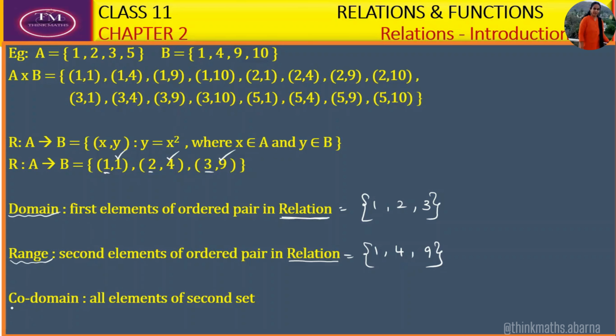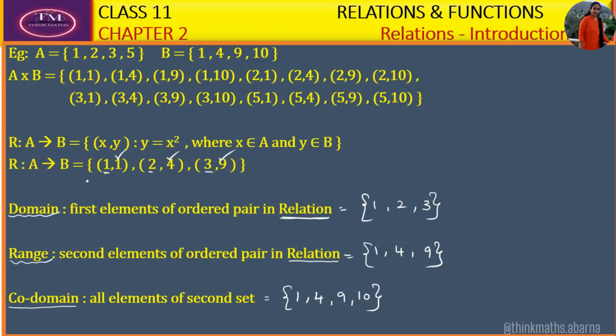What do you mean by codomain? Codomain is nothing but all elements of the second set. What is the second set? Second set is B. So it is 1, 4, 9, 10. So set B is the codomain. These are called domain, range and codomain.